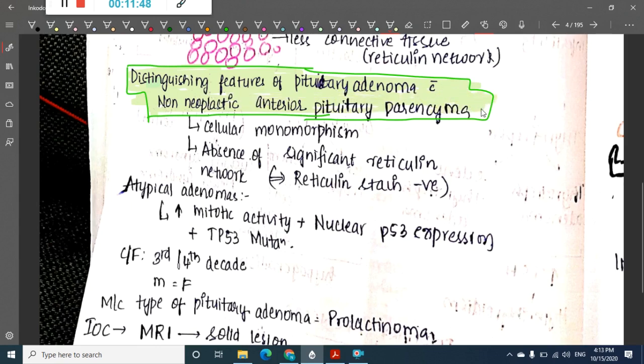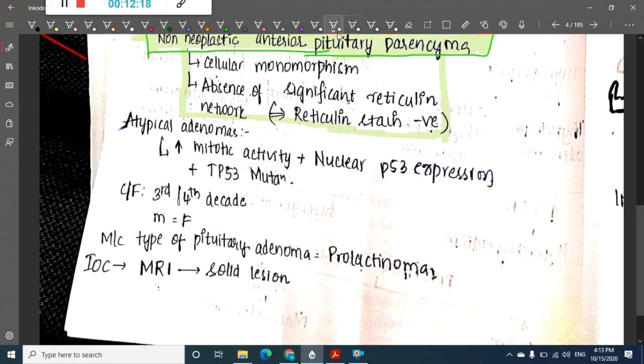This is mainly by these ways: cellular monomorphism, or absence of significant reticulin network, that is reticulin stain being negative. So these are the two main distinguishing features.